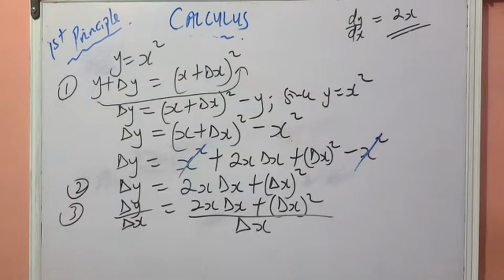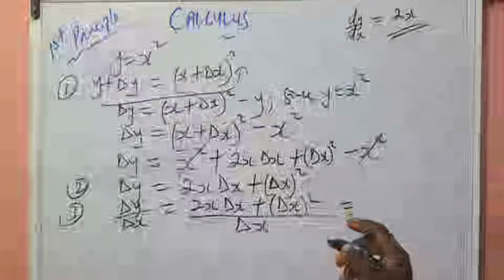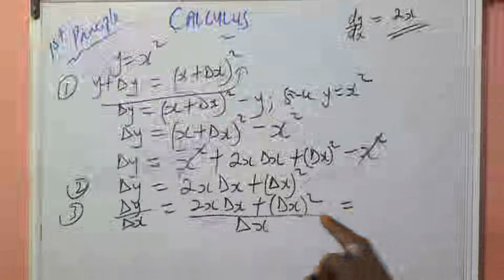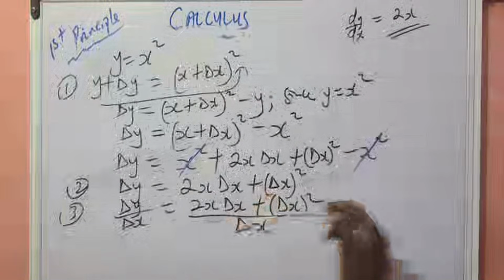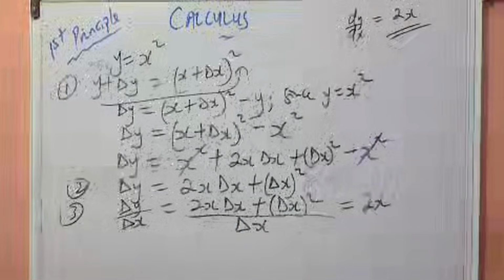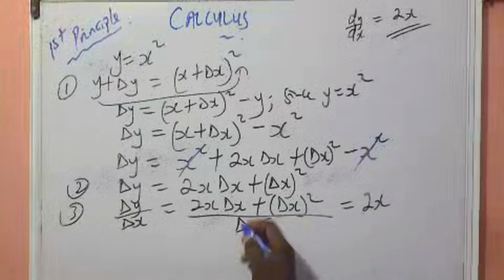Now, when you look at this step number 3, of course, I expect you to understand that this can be split, and what this will obviously give you is that you'll have this to be 2x, because the change in x here will be cancelling the change in x here, and we'll be cancelling one of these.